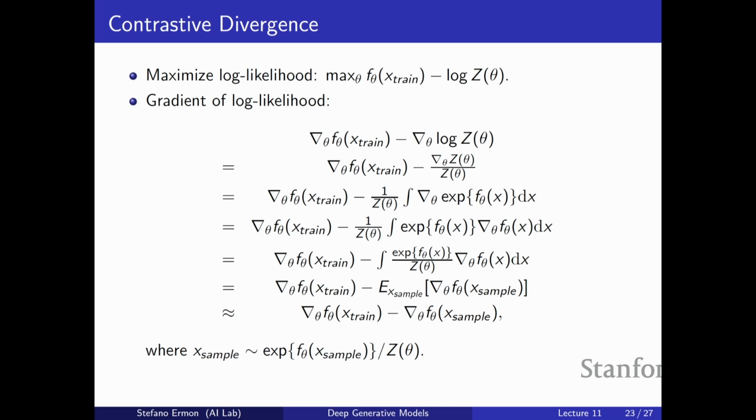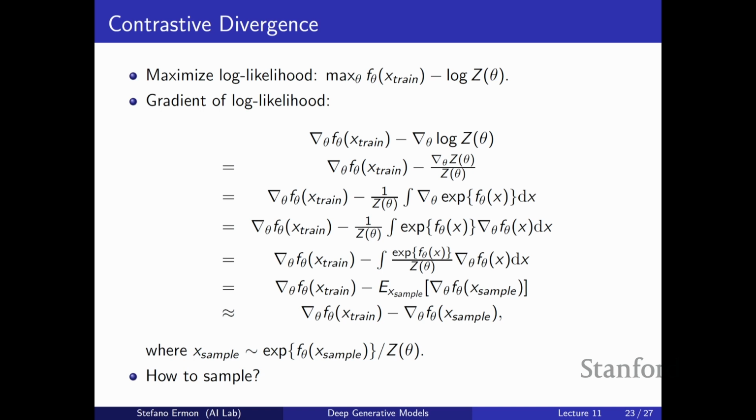As long as you follow this direction in your gradient ascent algorithm, you are making the relative probability of the data increase, because the data goes up more than how much the partition function grows. That's the key idea behind the contrastive divergence algorithm.